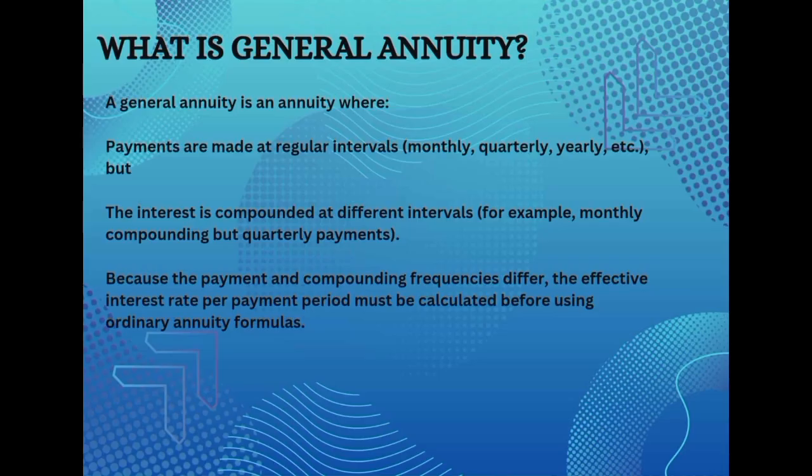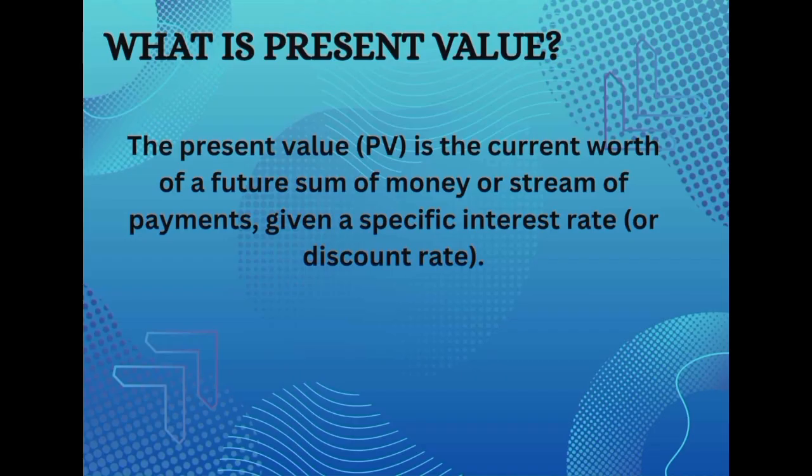For example, monthly compounding but quarterly payment. Because the payment and compounding frequencies differ, the effective interest rate per payment period must be calculated before using ordinary annuity formulas.